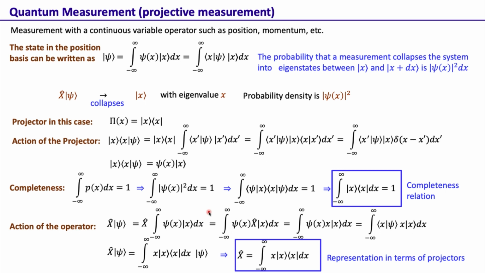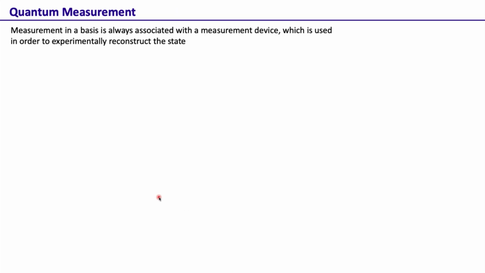Okay, so now when we talk about quantum measurement in a given basis, it is always associated with a measurement device, which is used in order to experimentally reconstruct the state when we don't know the state.